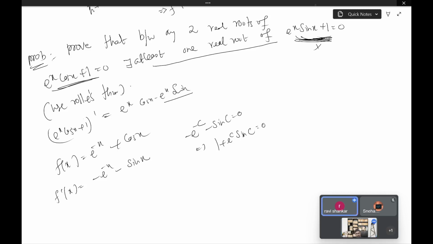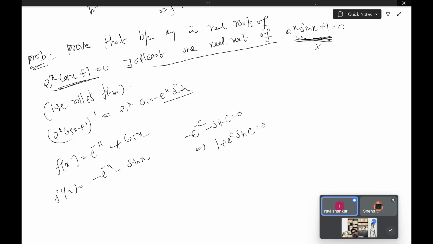Sir, so here we have chosen this function by ourselves, e power minus x plus cos x. Yes, yes. So, sir, we are not using x plus 1?